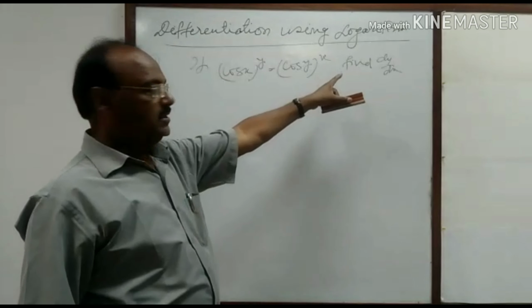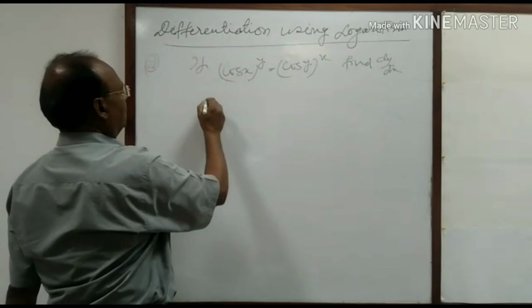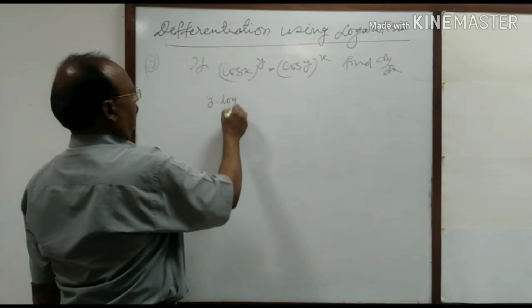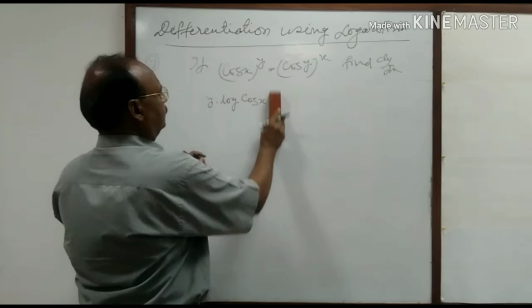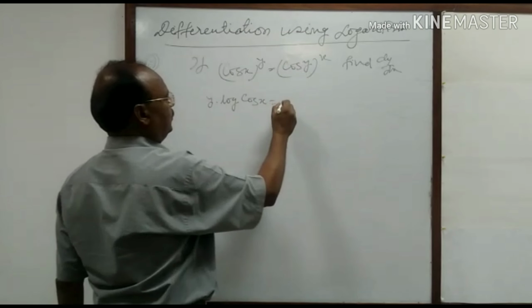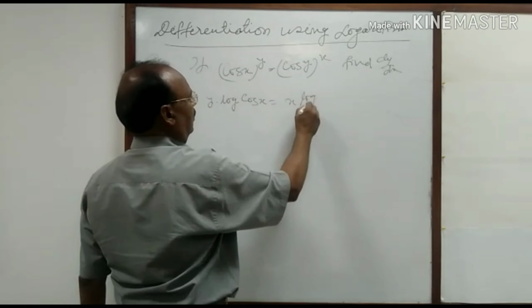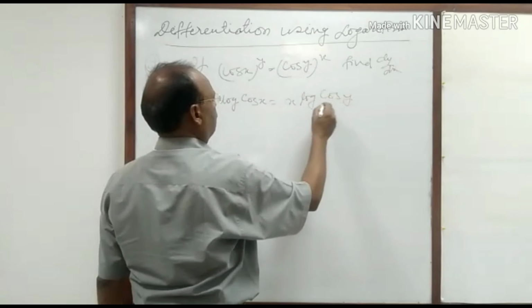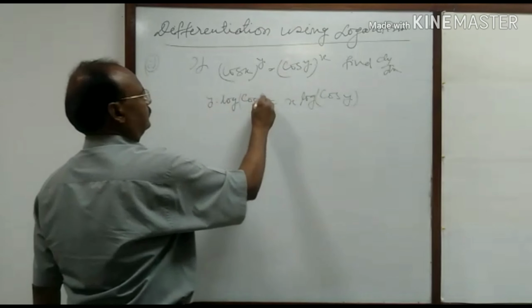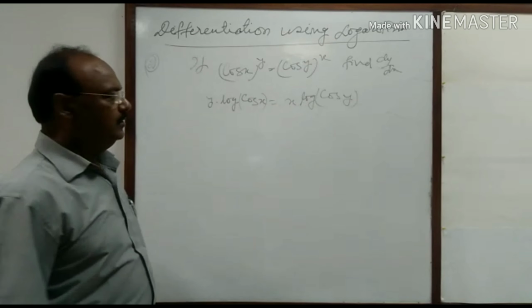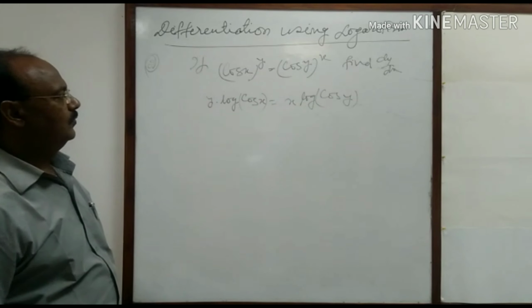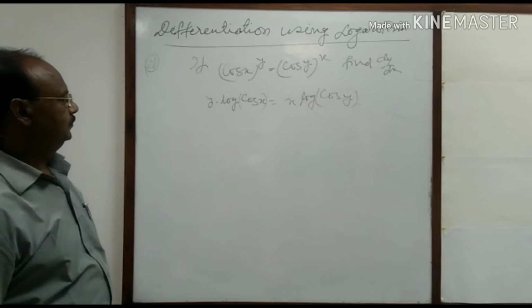After taking log on both sides, we can write here y into log of cos x is equal to x into log of cos y. Now let us differentiate both the sides with respect to x.